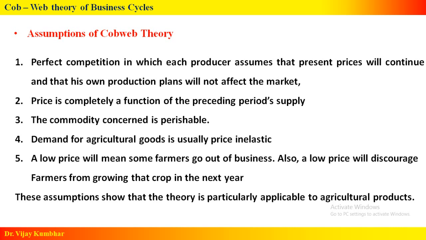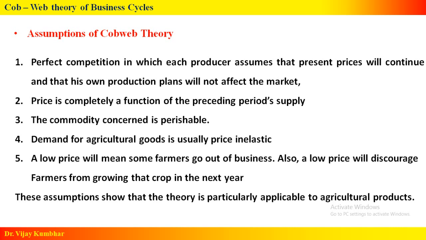Demand for agriculture goods is usually price elastic. It is also assumed that the price elasticity is greater in the case of the agriculture sector. A low price will mean some farmers go out of business. Also, a low price will discourage the farmer from growing that crop next year, and a higher price gives the incentive that leads to more production.